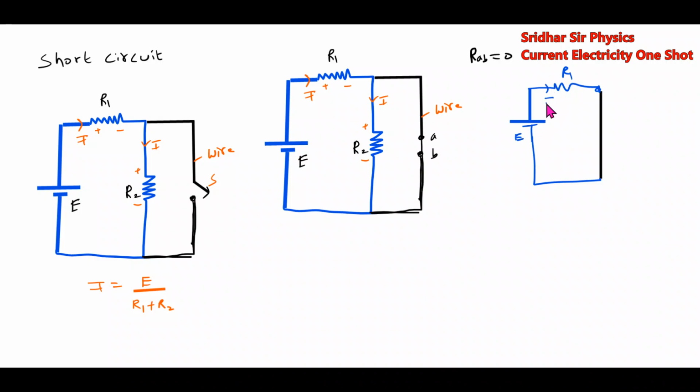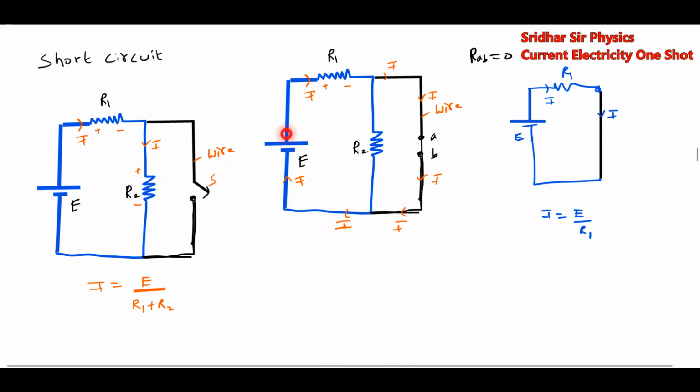So how much current? The same I, and that current I will flow. So I is equal to E by R1. There will be flow of current. So actually what happens, this current I will not branch here. It will flow here. No current will pass through the resistor R2. There won't be any current flowing through the resistor R2.